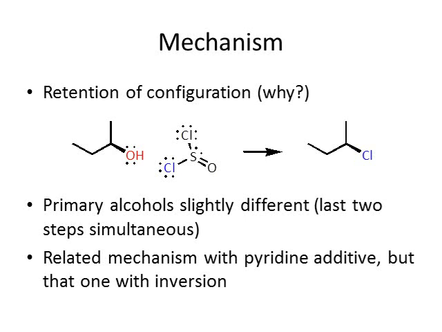It turns out it's on one particular side of the carbocation, and so you end up forming that SN1 product. There are some differences. If you had a primary alcohol, it behaves slightly differently. If you threw in a pyridine additive, you'd have a very similar reaction, but in that case we get a backside attack and we get inversion of configuration.